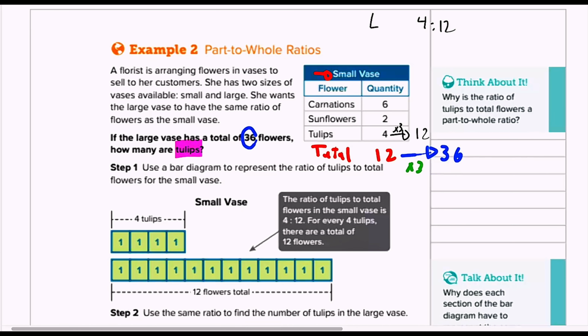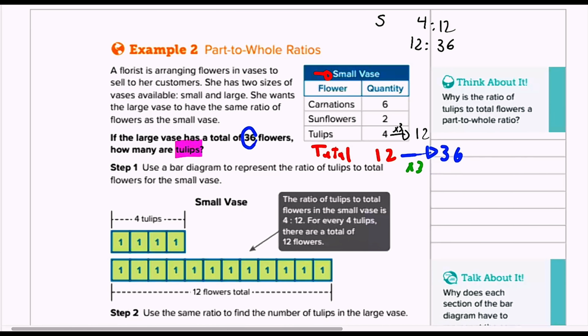And this is the ratio we have for the small vase. The large vase changed by multiplying both numbers by 3 to be 12 to 36.